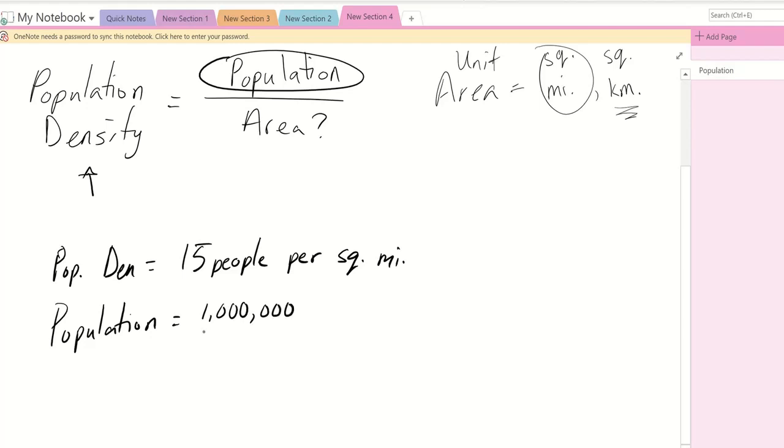There's 1 million people, and there's 15 people per square mile. What's the area?